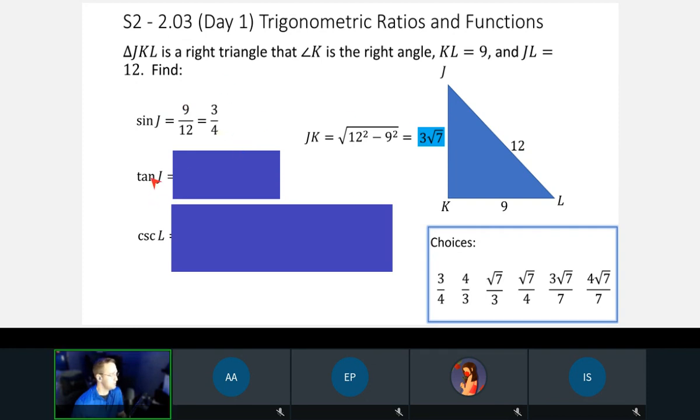Tangent of angle J, well, tangent is opposite over adjacent. So it's 9 over 3 rad 7. 9 over 3 becomes 3 over 1.